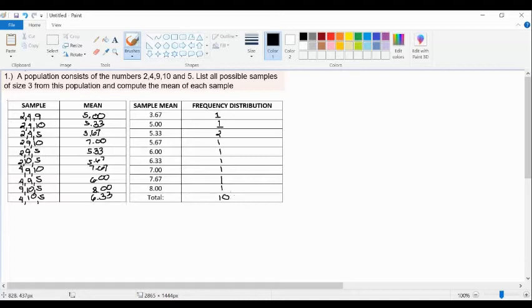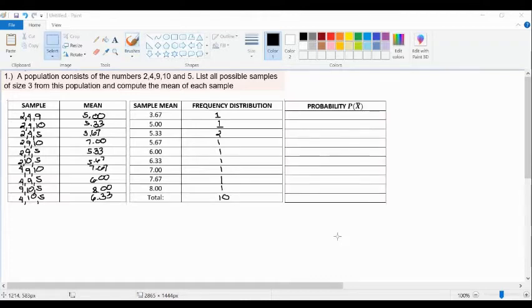Okay, let's construct a sampling distribution of the sample mean table with its probability distribution. And how do we compute the probability of your sample mean? That is the number of times it occurs over the total number of possible outcomes. So for 2, 4, 9, it occurs only once. So that will be 1 over 10, or 0.10.